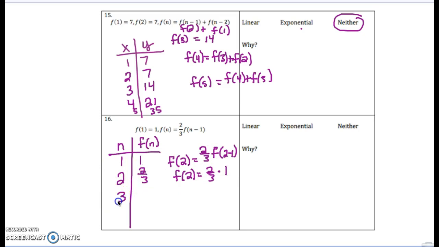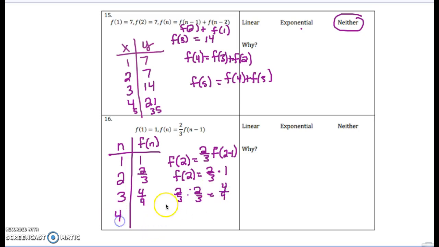If I plug in 3, my f of n is 2/3 times the previous number. So 2/3 times the previous number is going to give me 4/9, because 2/3 times 2/3 is 2 times 2, 4, 3 times 3, 9.